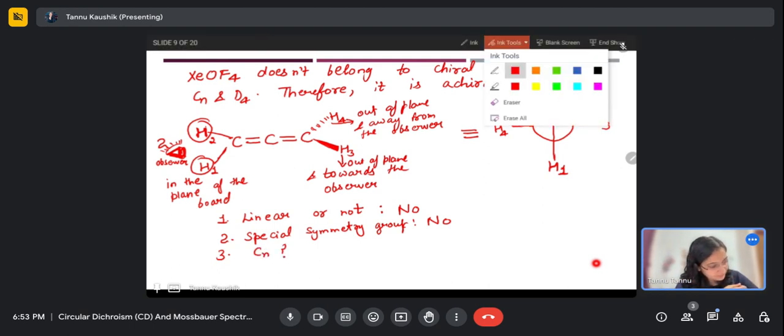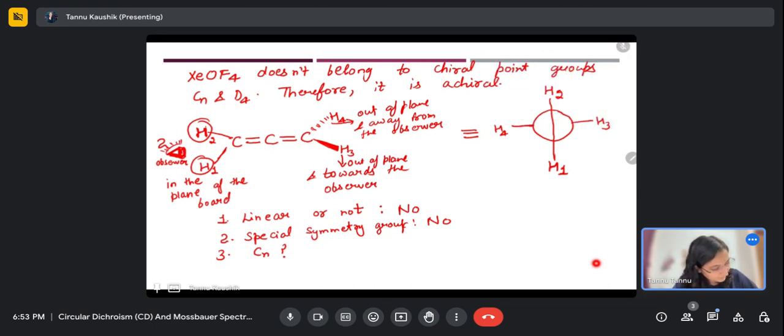So if we see here, if we rotate this molecule at 180-degree angle, there are different C2 present in this molecule.